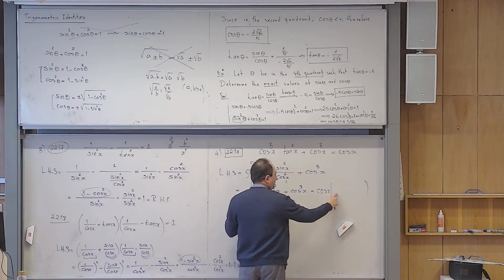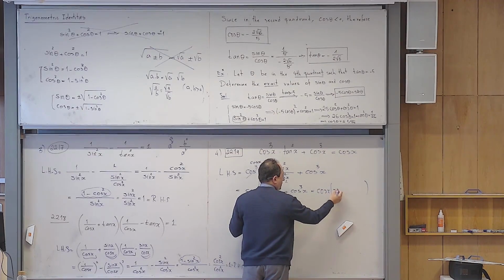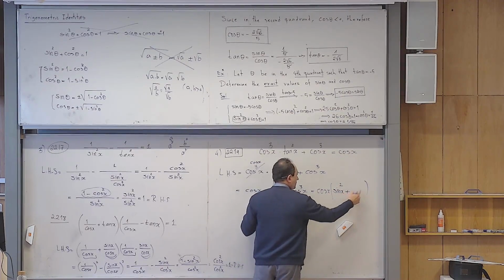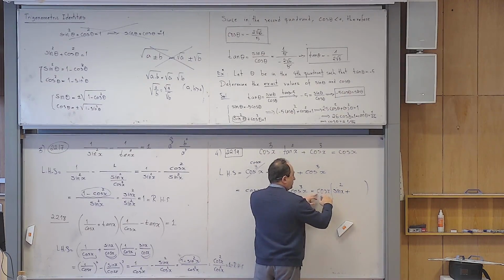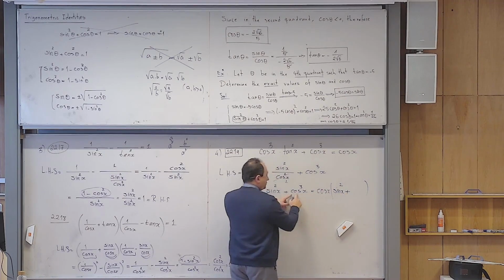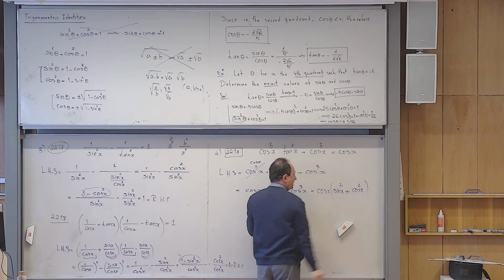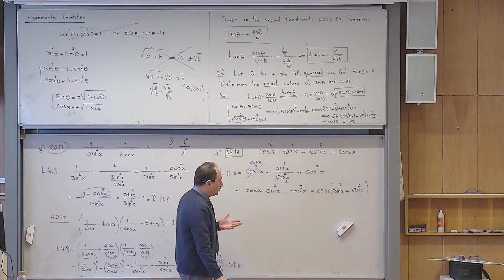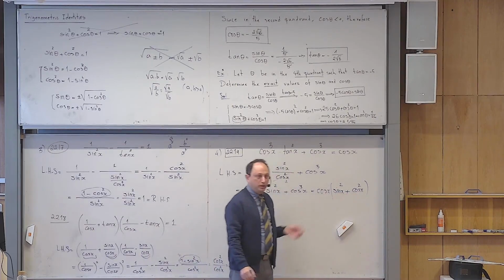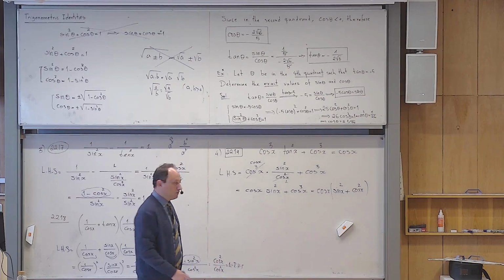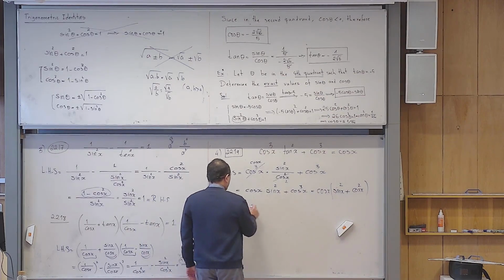So what should I write here? Sine x squared, then plus, what should I write here? I need something so that when you multiply this back, it gives you the third power of cosine. So what should I write here? Cosine x squared. Yes? And hopefully now this looks familiar. Sine x squared plus cosine x squared can always be replaced with 1, and then we are done.